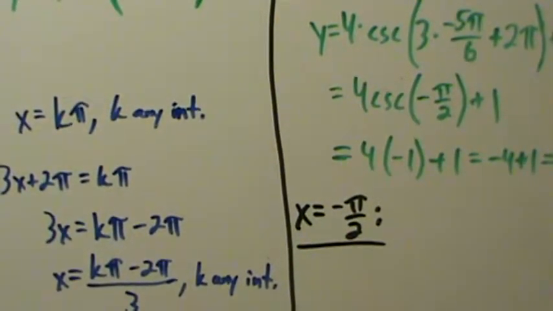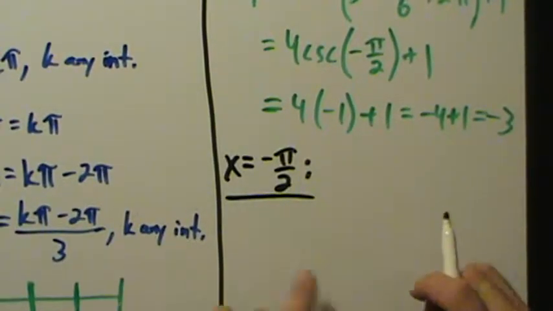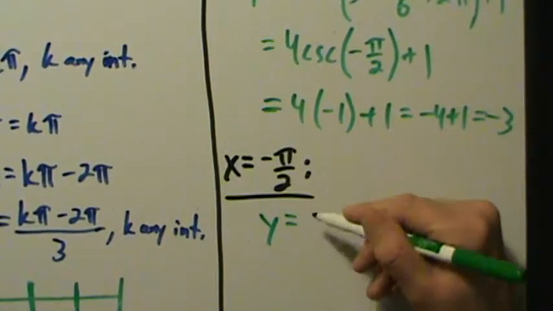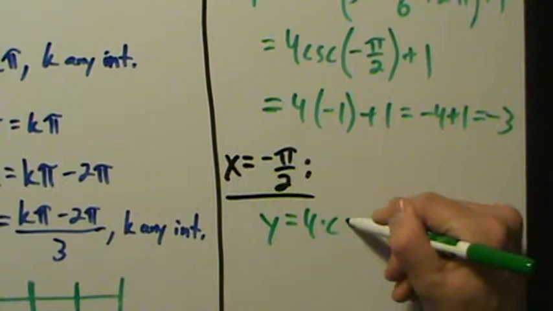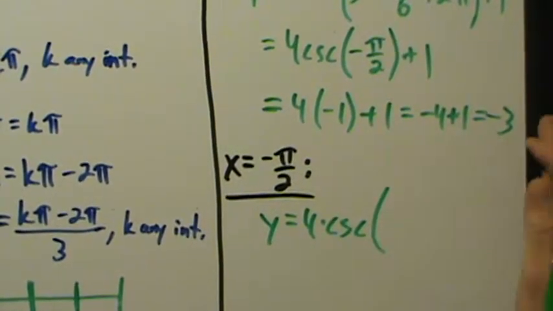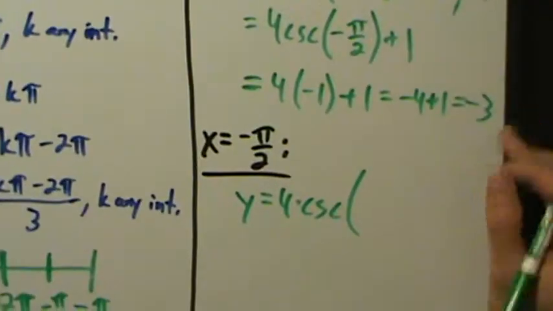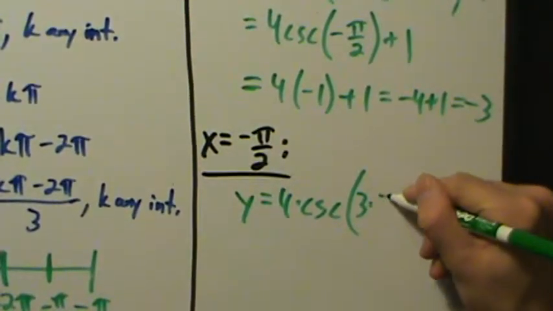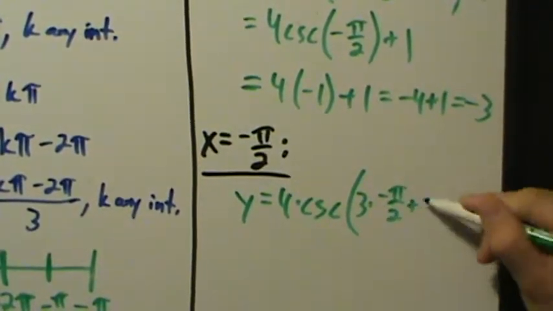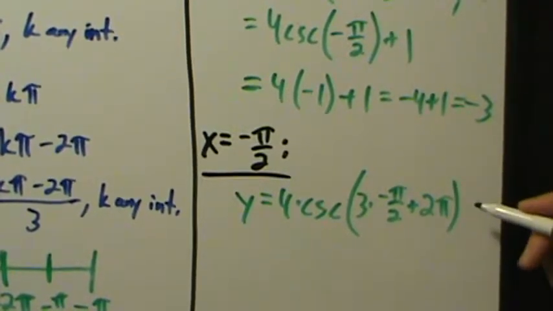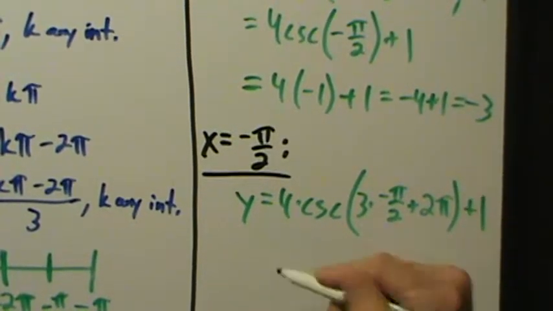Okay, so anyway, at x equals negative pi over 2, we have y equals 4 times the cosecant of 3 times negative pi over 2 plus 2 pi, and then we still have that plus 1 floating around out there.